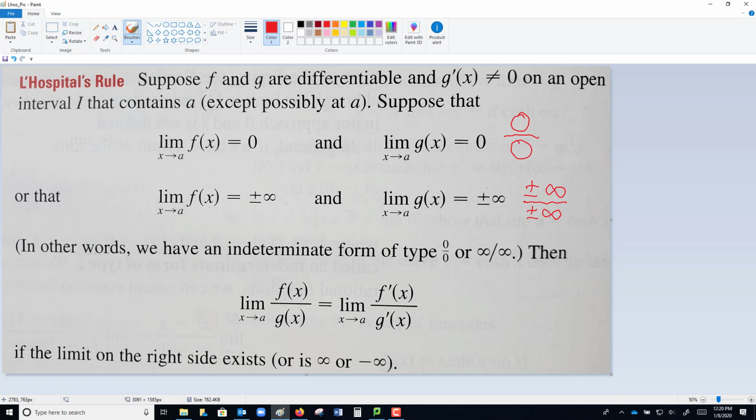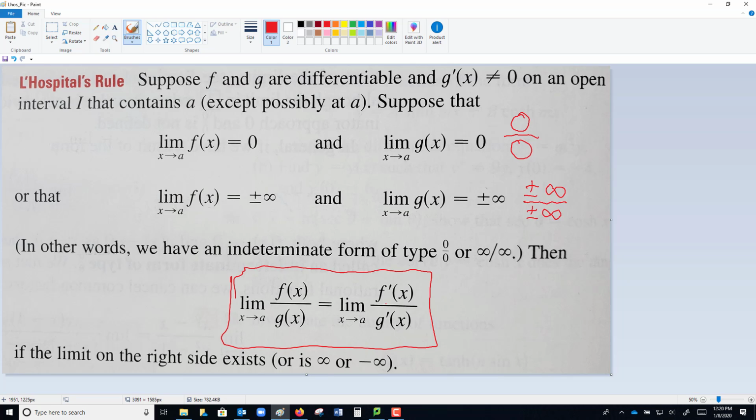If either of these cases holds true, then L'Hopital's rule is exactly this statement down here. The limit as x approaches a of that rational expression is the same as the limit as x approaches a of the derivatives of those individual functions.